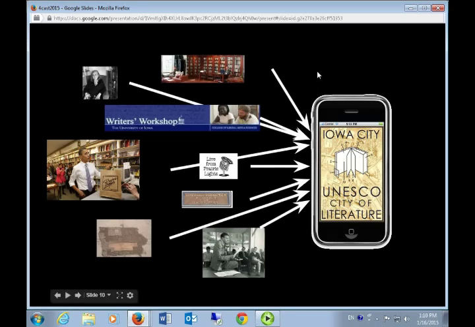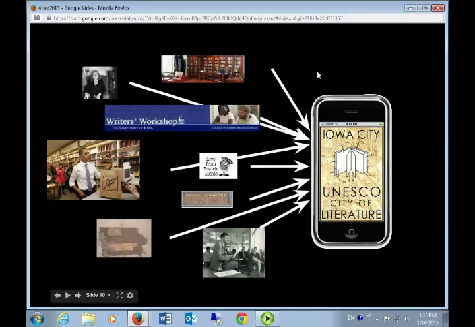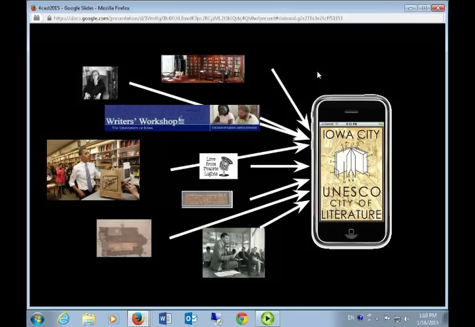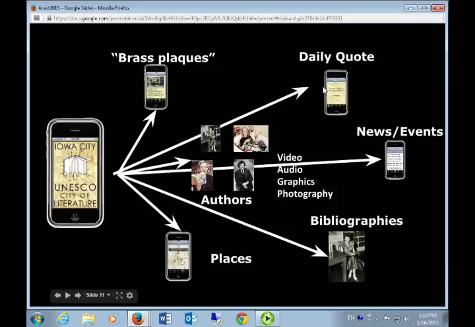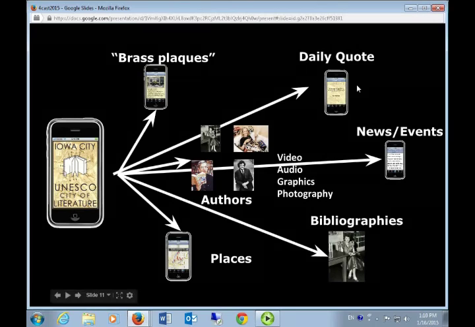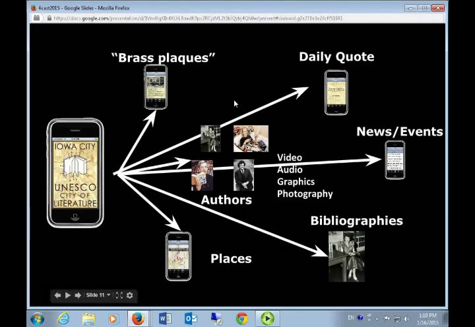So in a number of classes that I've worked with, students have gathered all kinds of information in all media: photography, graphic design, video, traditional academic research, next slide, all of which is processed in a class, and then exported on a mobile web app called City of Lit. And I think one of the interesting things about this kind of work is they're moving from what I think of as a narrowcast.